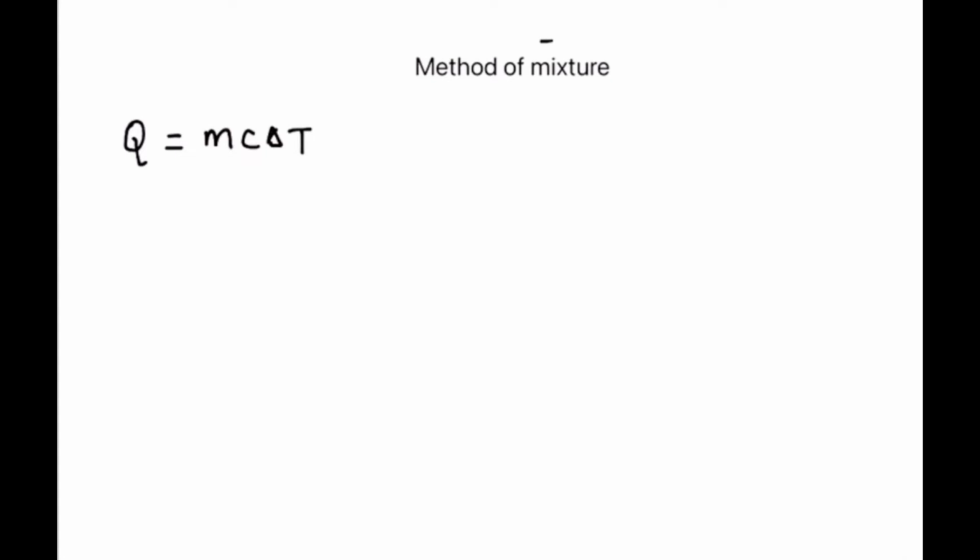But the question is, how do we measure specific heat capacity? For that we can use the method of mixture. As the name suggests, the method of mixture is a method in which two substances are mixed.